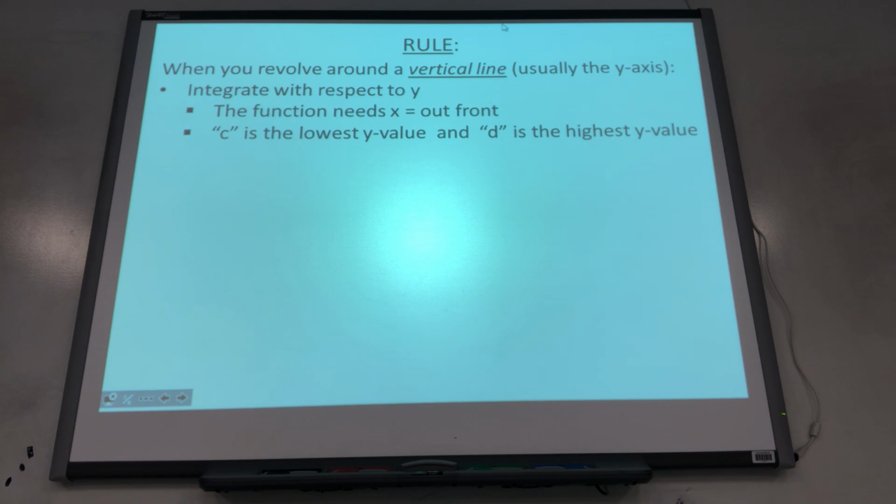And also, your upper and lower bounds are now y values. So c is the lowest y value, and d would be the highest. And we're talking the bounds of that shaded region. Wherever that's at, lowest, highest, those become the upper and lower bounds on your integral.